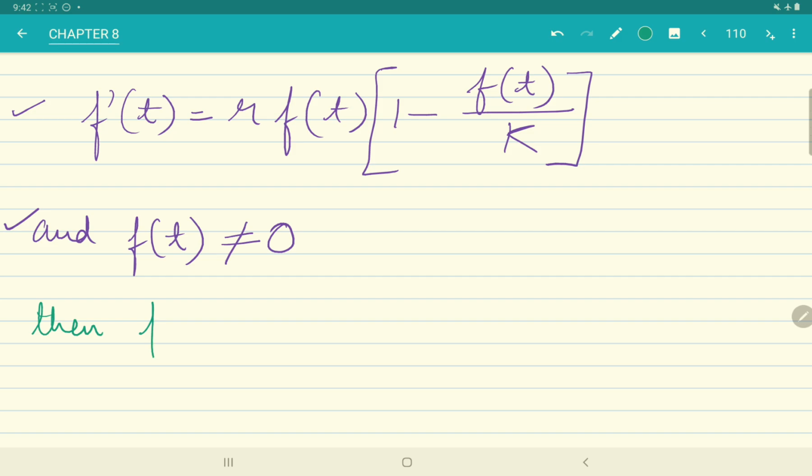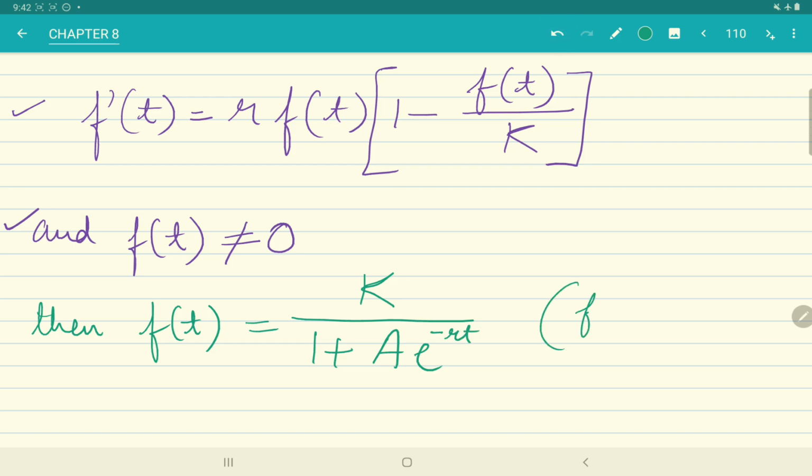Then f(t) will be equal to k by 1 plus a e raised to the power minus rt, again for some constant a. Keep in mind the fact that k is the population's carrying capacity.